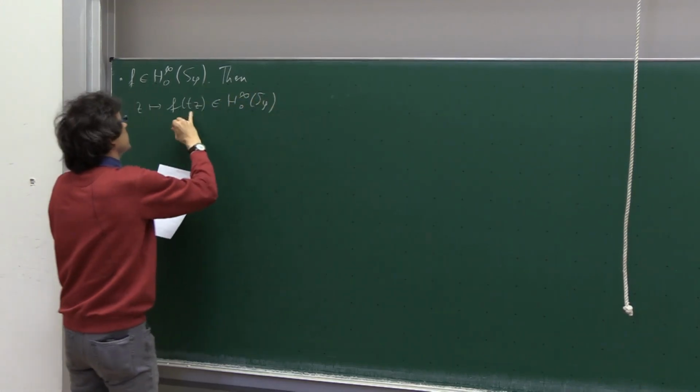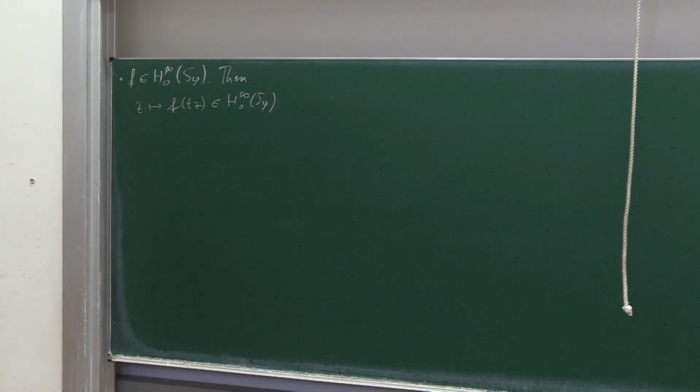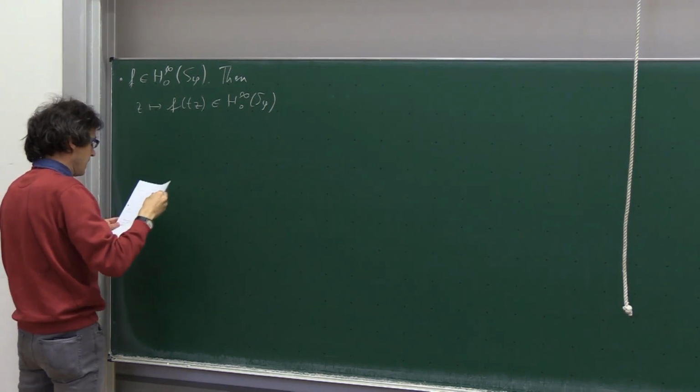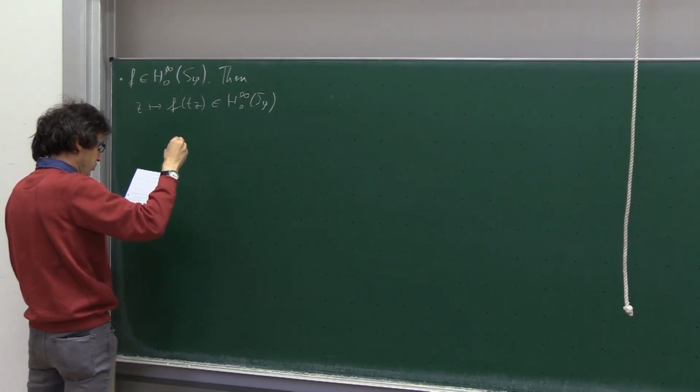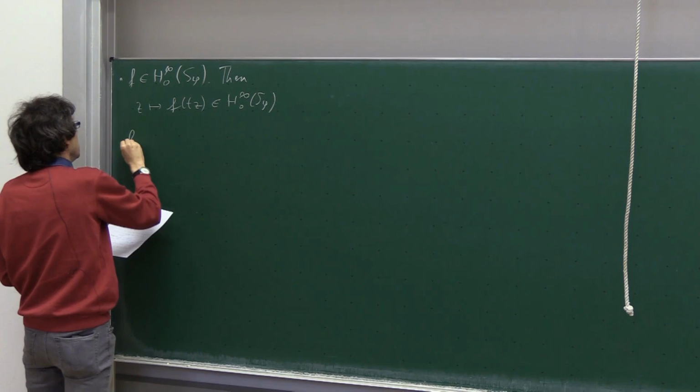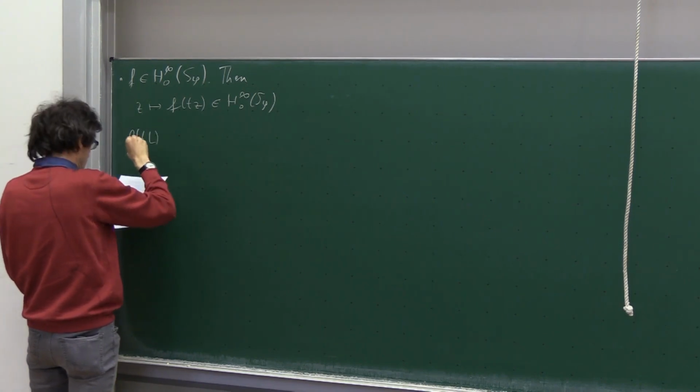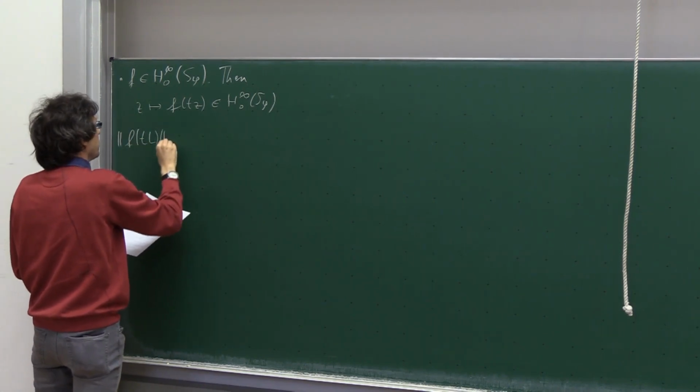Yeah? If you just dilate the argument, this does not destroy holomorphy, it does not destroy boundedness, and it does not destroy going to 0 at 0 and infinity. So this is still in the same class. So we can put in the L here. Okay, so f of TL, L of H.